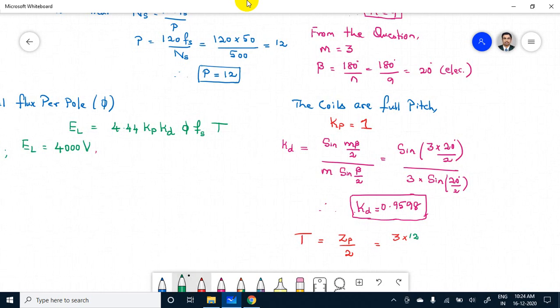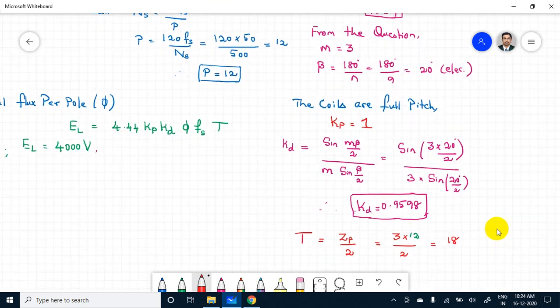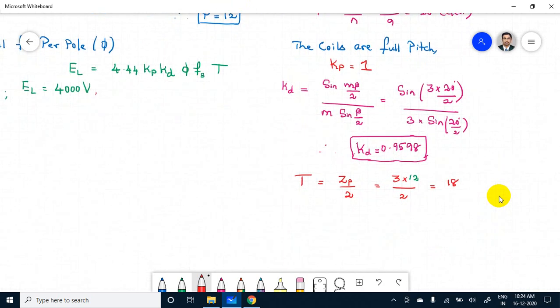So 3 into 12, whole divided by 2. So what is the answer? It is 18. Number of turns, it is 18. So therefore T equal to 18.